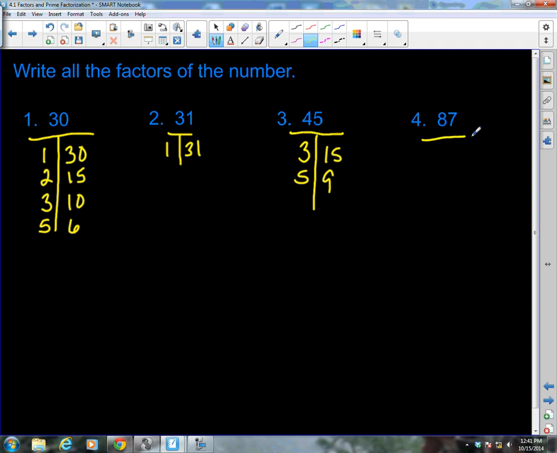87. Well, if we look at that, I know 1 and 87. Always 1 and the number itself. Is this a prime number? Is there a number that goes into it? Can you think of a number that goes into 87? If not, it is prime. Let's see. 7 and 8 give me 15, right?